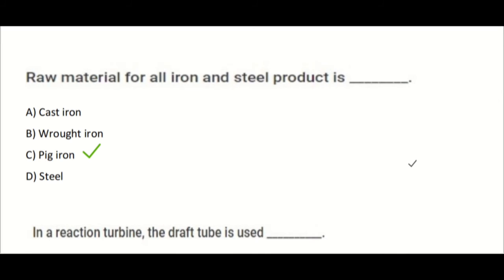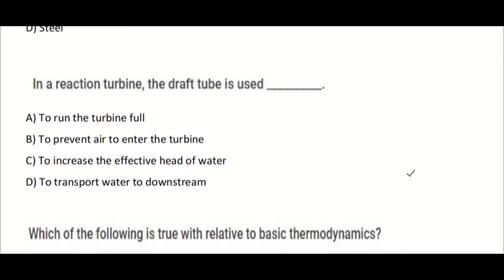The three main raw materials used to make pig iron for primary steel production in a blast furnace are iron ore, coke and limestone. These are the main raw materials. The right answer is pig iron.